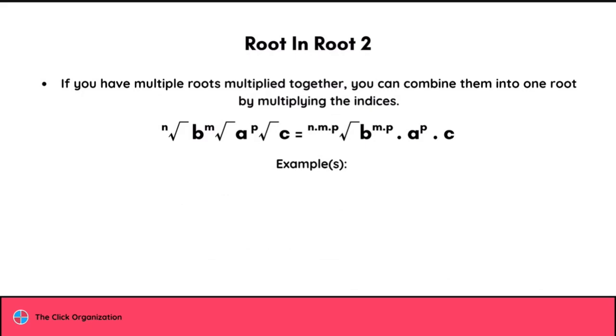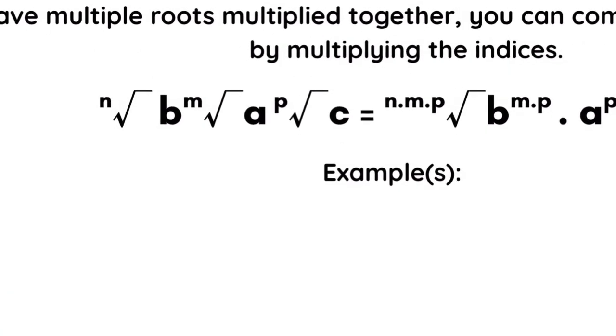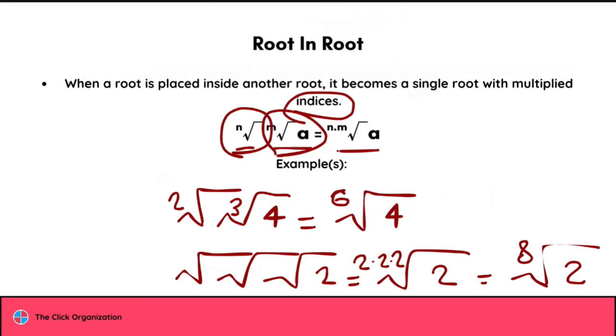But also we have a part 2 of the seventh rule, which is root and root part 2. If you have multiple roots multiplied together, you can combine them into one root by multiplying the indices. This is the same definition, right? But the point is that the formula is different. In root and root rule part 1, our leftmost roots did not have any radicands.